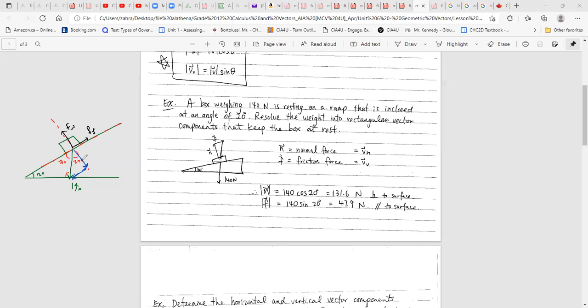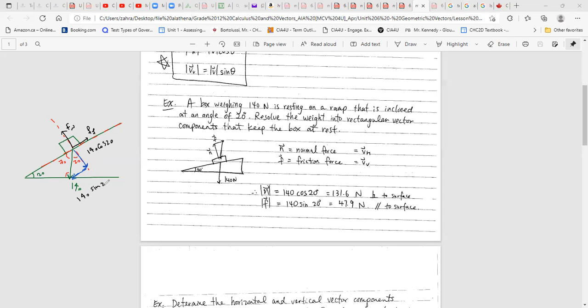Since the y component is adjacent, it's going to be 140 times cosine of 20. Adjacent means cosine. And the x component is going to be 140 times sine 20, since opposite means sine.